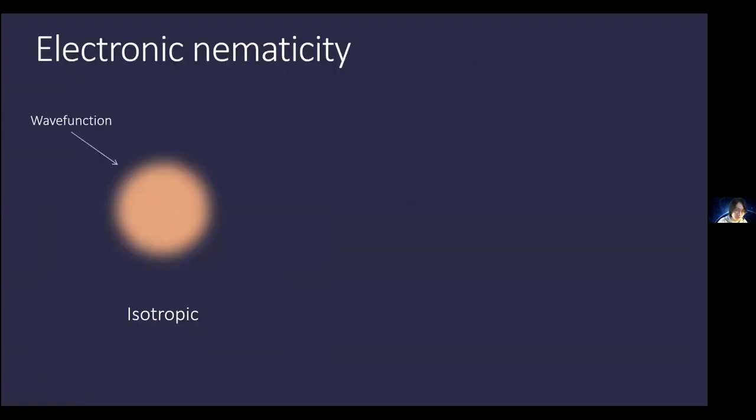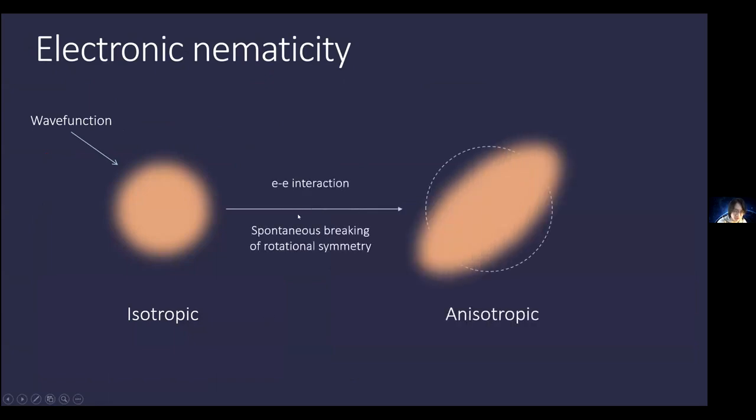So nematicity refers to a spontaneously broken rotational symmetry, basically without a translational symmetry breaking. Starting from an anisotropic wave function, the electronic interactions could spontaneously lift certain rotational symmetry of the system and create this kind of nematicity.